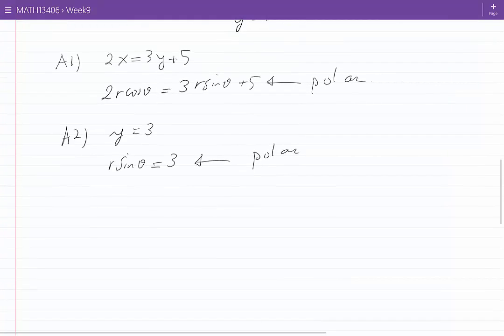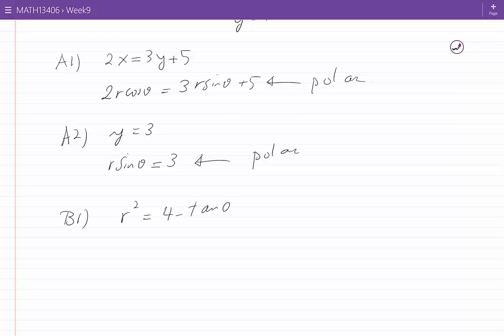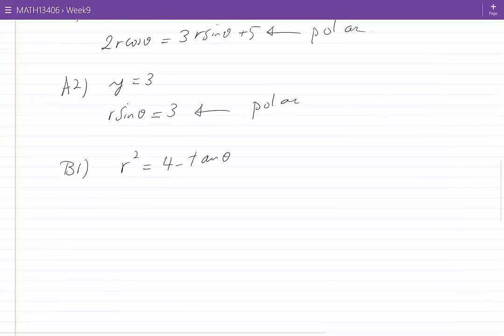Now question B1. r squared is equal to 4 minus tangent of theta. This is an equation in polar form. I need to replace r and theta with x and y. I know that r squared is x squared plus y squared. So on the left hand side, I was able to eliminate r and replace it with x and y.